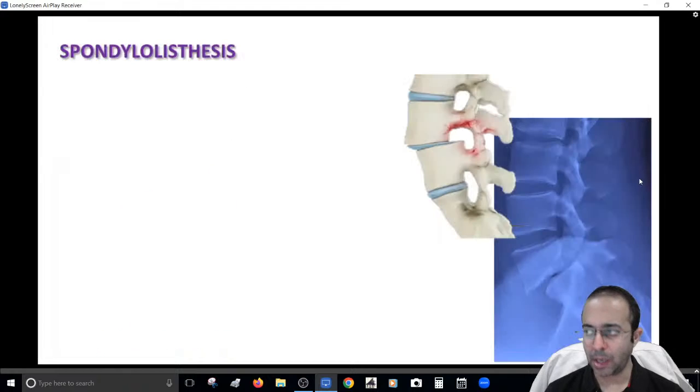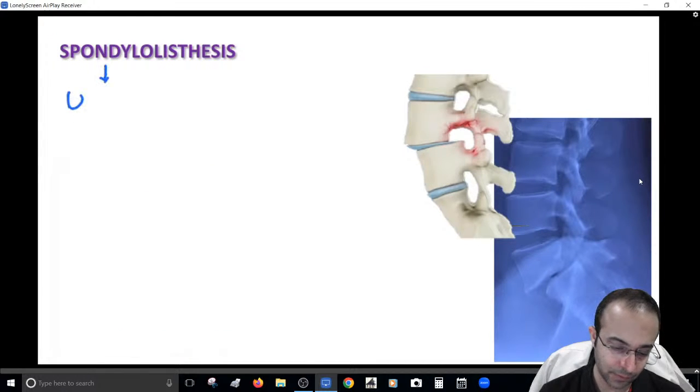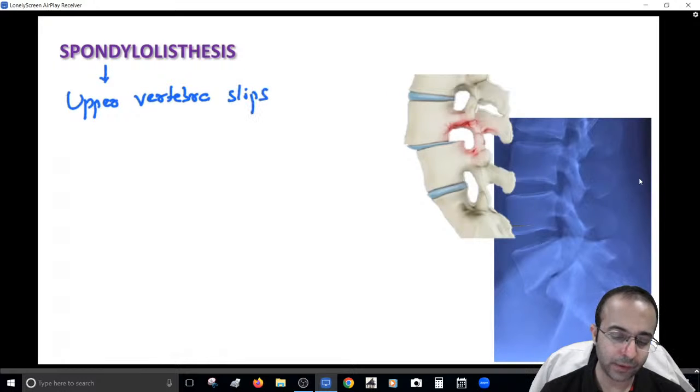I am sure you are clear with this term called spondylolisthesis. What you find in spondylolisthesis is that the upper vertebra would slip forward over a lower vertebra.